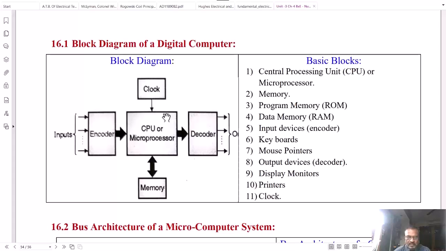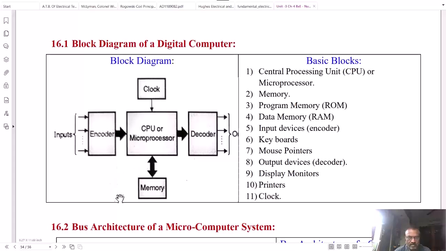Those digital inputs, called instructions, are stored in the memory, and the central processing unit has the capability to read these instructions sequentially one after another and execute them. Instructions are nothing but digital code combinations, and every code has a unique meaning to the central processing unit. When the processor gets that digital input, it will behave in a predefined manner.